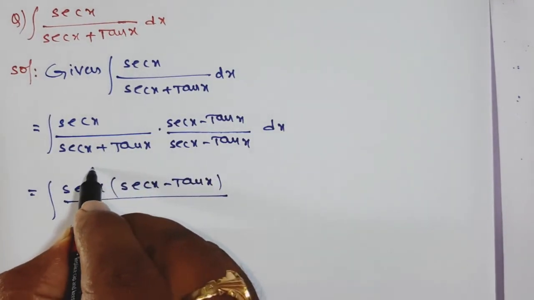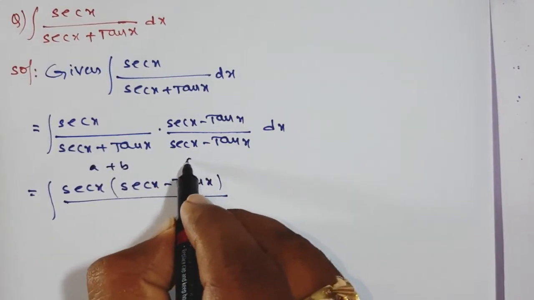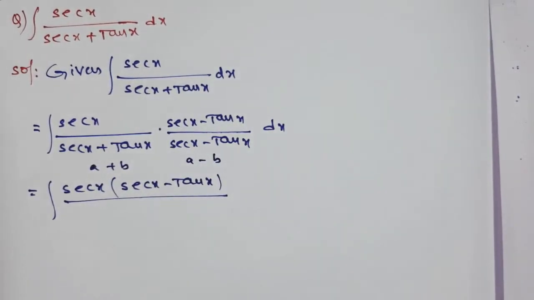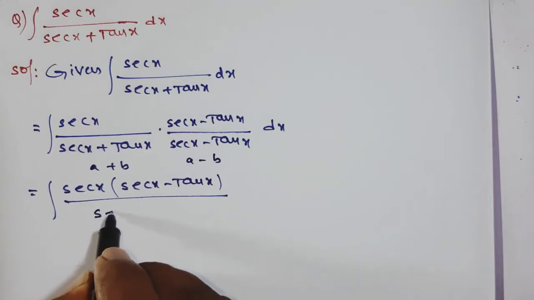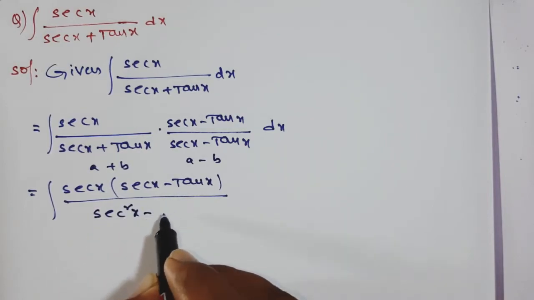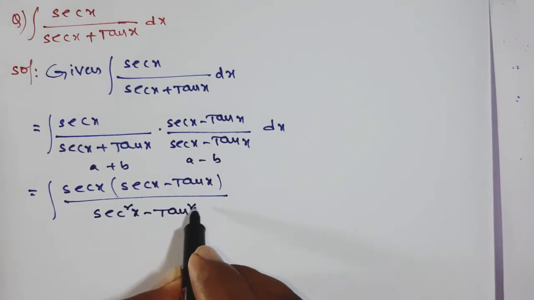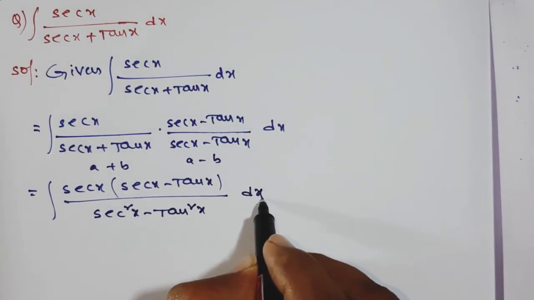This is the a plus b and a minus b formula. We know a plus b into a minus b is a square minus b square. Here a square is secant square x and b square is tan square x dx.